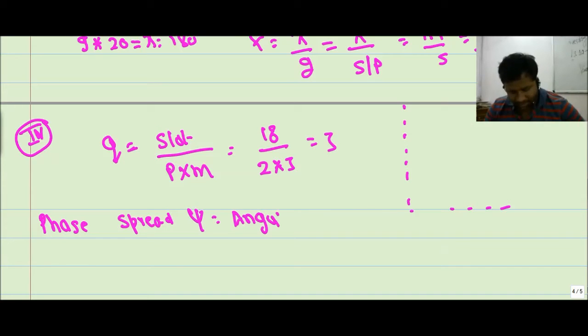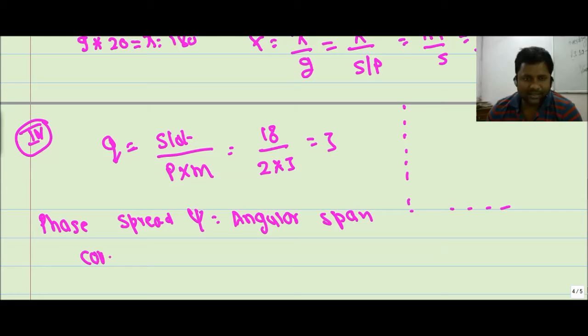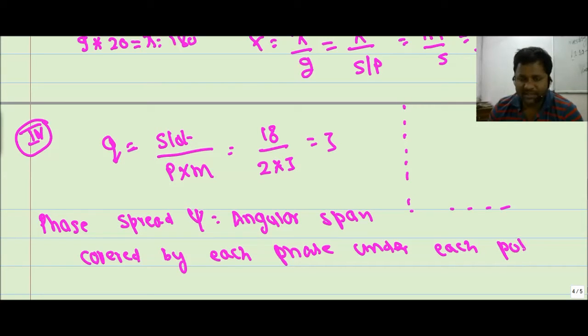Angular span covered by each phase under each pole. What is the meaning of this?